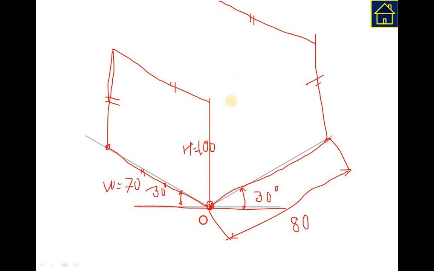I got the parallel lines to width, and then last one is parallel to length, so that is 80 mm. So from this point 80 mm on this side, and from this point 80 mm on this side. Okay, so this way we can create a box, isometric box of length, height and width.